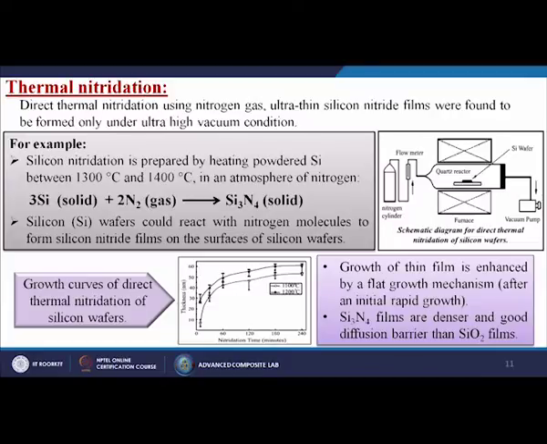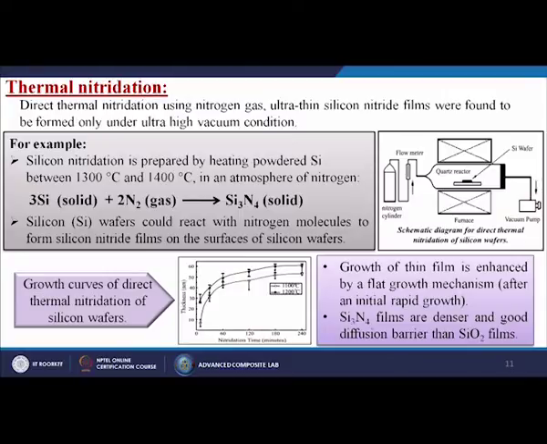So, this is the growth curve of the direct thermal nitridation of silicon wafers. If we increase the nitridation time in minutes, we can see that the thickness also increases. Here we have seen how the growth mechanism takes place at two temperatures, one at 1100 degree centigrade and another at 1200 degree centigrade.